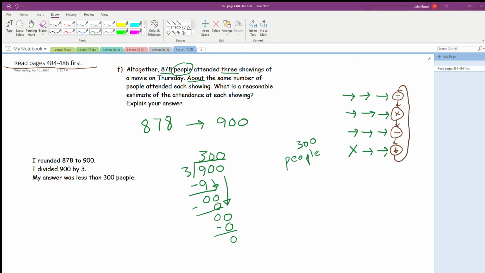Make sure I got the right color here, right size. Okay, so I'm going to write less than 300 people. And there you go. That's the end of lesson 76.